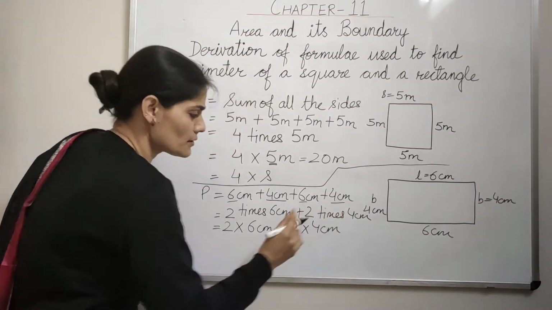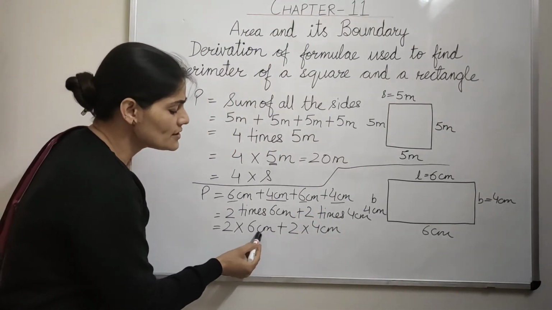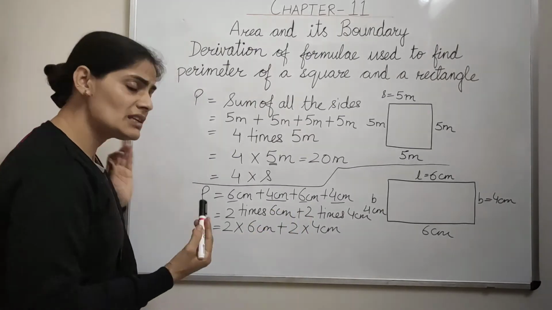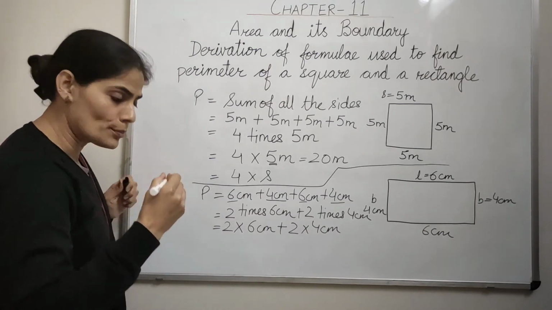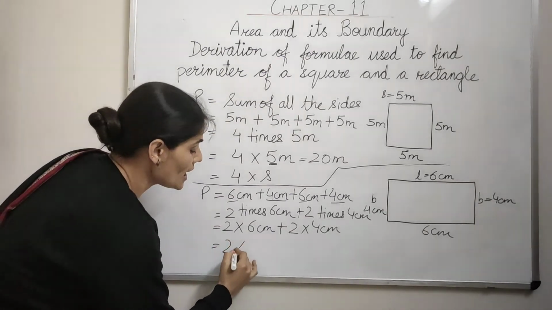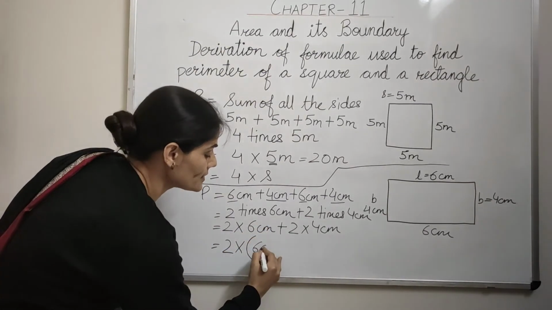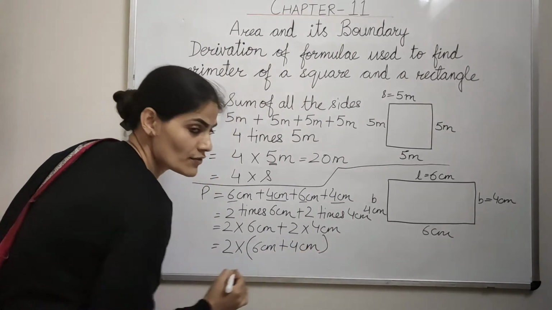And what do I observe? That both 6 and 4 are being multiplied by the same number, that is 2. So shall I take this 2 common? I write 2 times, and in bracket I write 6 centimeter plus 4 centimeter, everybody.